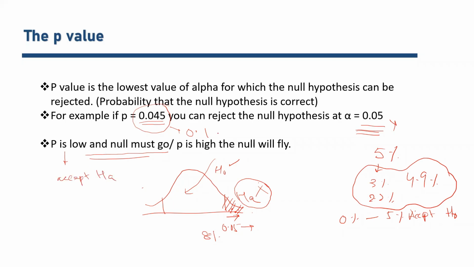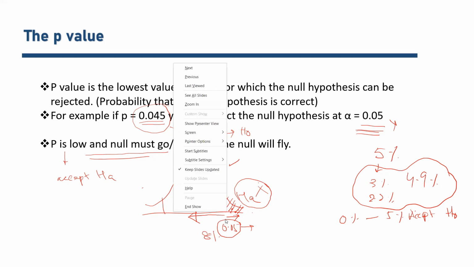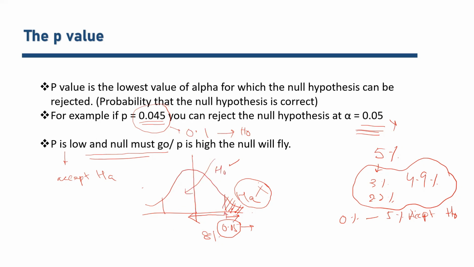If your P is high, then you accept the null hypothesis. Got my point? So if your P is greater than 5%, say this is your number line and this line is 0.05, anything less than 0.05 will be here, and greater than 0.05 will be here.